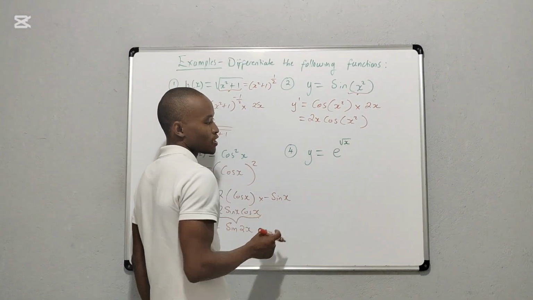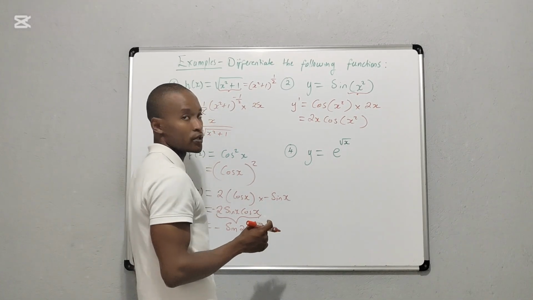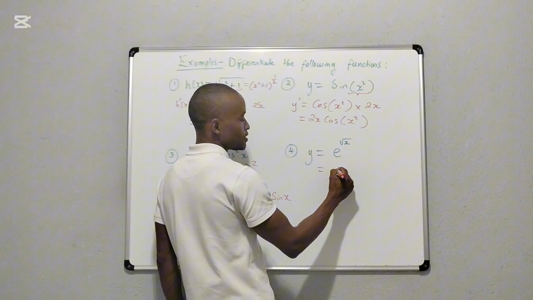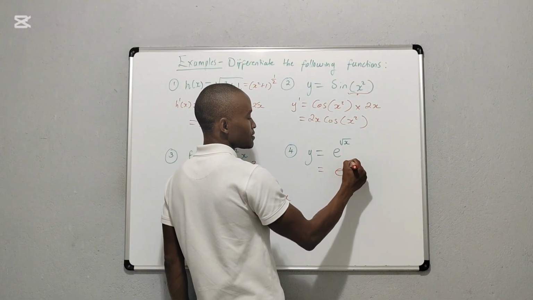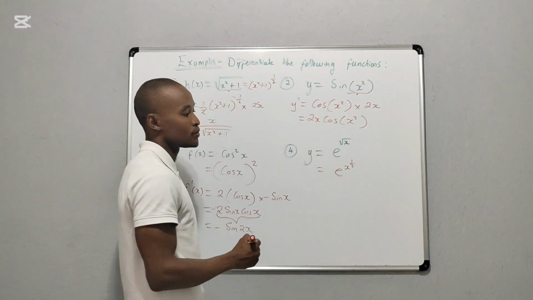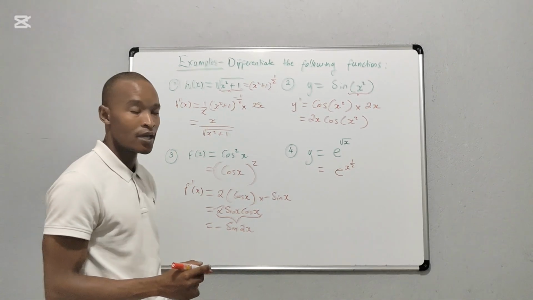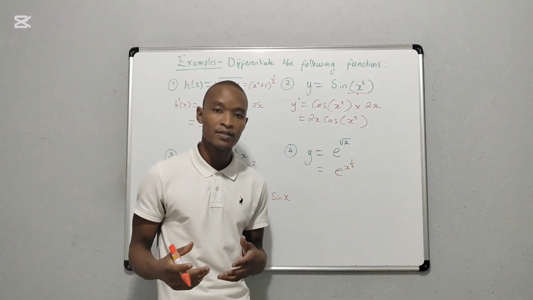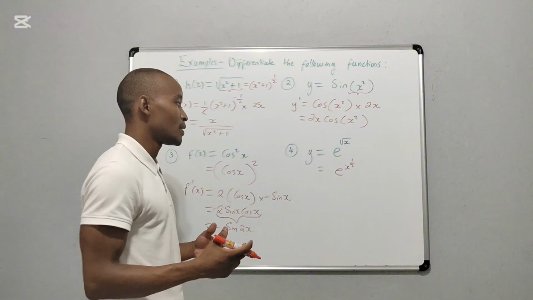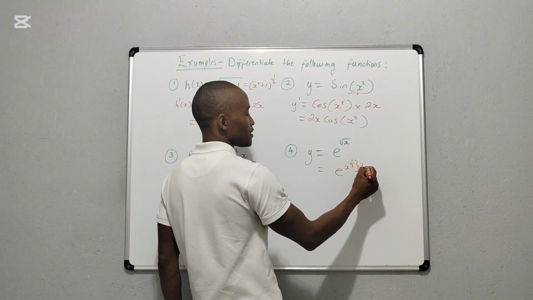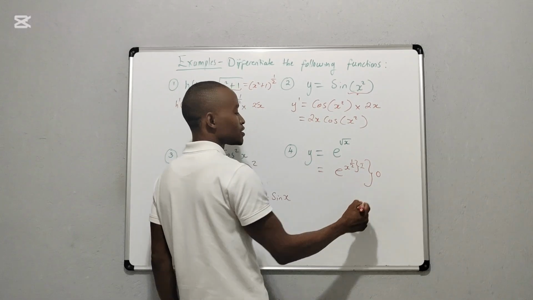And now it's the exponential function e to the root x. Okay, so if you rewrite this, e to the x to the power half. Okay, so we need to be careful here. We know the derivative of e to the x is just e to the x. But now, if you regard this as the inner function, meaning this whole thing is our outer function.